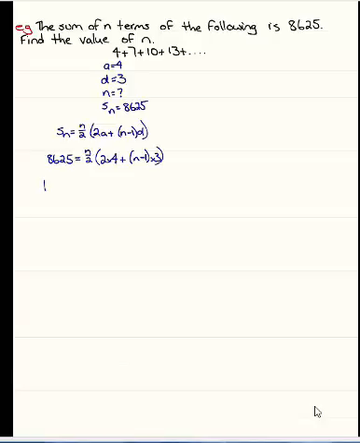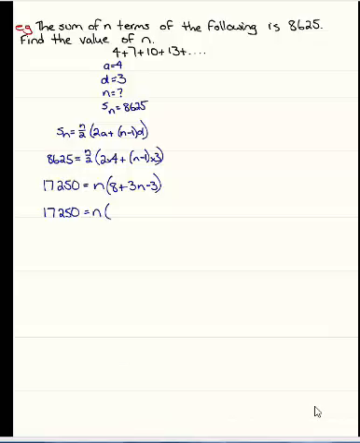So 17,250 is equal to n. Now let's have a look in that bracket. 2 times 4 is 8 plus, and then I'm going to expand this second bracket out, 3n minus 3. Now have a look at the right hand side. We're going to tidy that up because we can't do much with this equation.